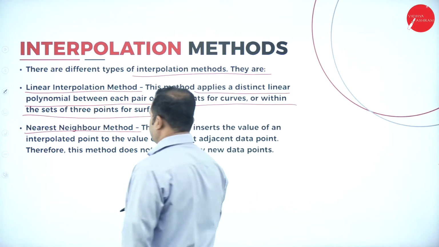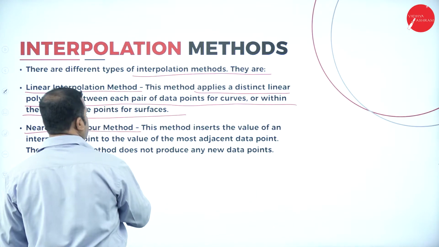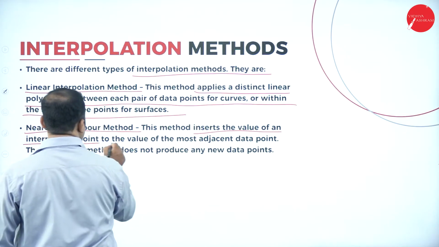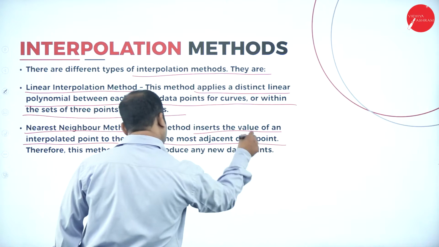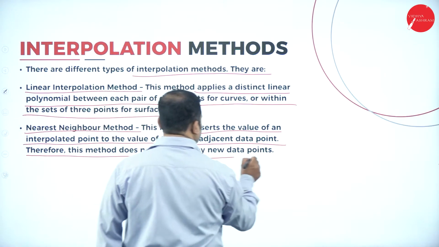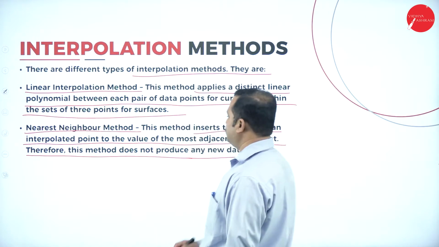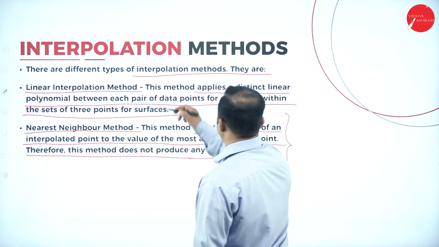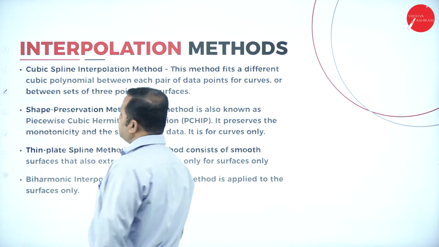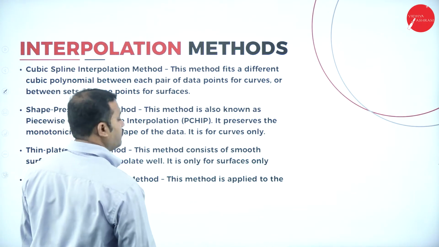That is the one I am using here. Next, the nearest neighbor method sets the value of an interpolated point to the value of the most adjacent data point. Therefore, this method does not produce any new data points at all. So we are not going to consider this. We are going to consider the linear interpolation method. Let us see how it works.